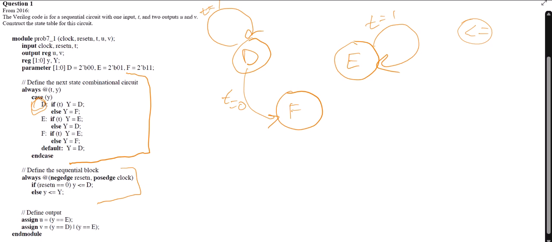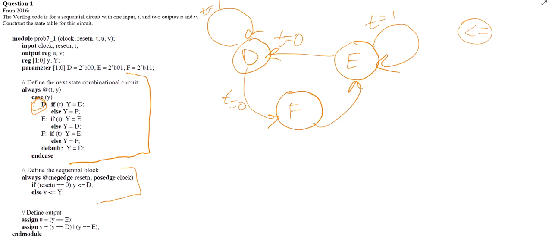Else, that would mean T equals 0, then we go back to state D. Okay, now we're at our last case, F. If T equals 1, then Y equals E, so here we'll have T equals 1. Else Y equals F, so here F is going to go back onto itself if T equals 0.